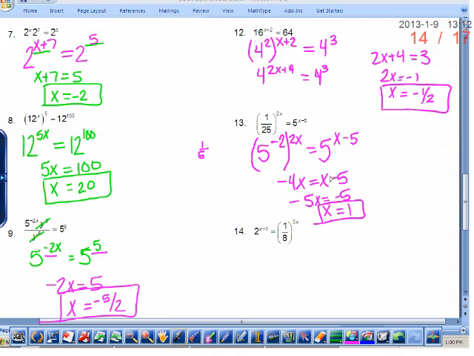Where's your step where you can write this with the same base? Yeah, it'd be 1 over 2, negative 2. That's what it equals. Are those the vocab words you just meant?